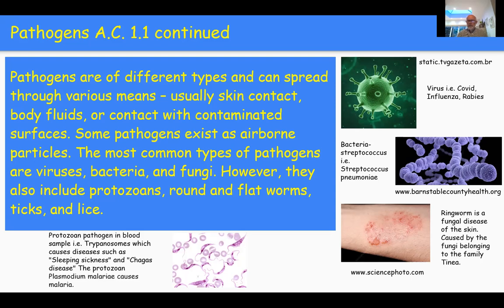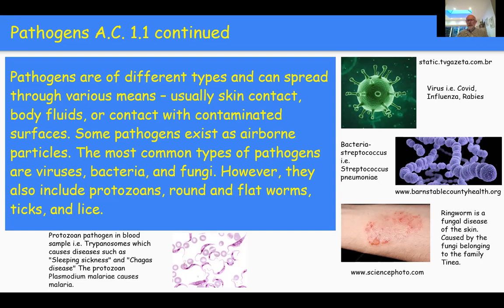So the most common types of pathogens are viruses, bacteria and fungi. However, we can also include organisms like protozoans. They're jelly-like animals that are microscopic, usually waterborne. All right, but there's also round and flat worms that can also infect us.